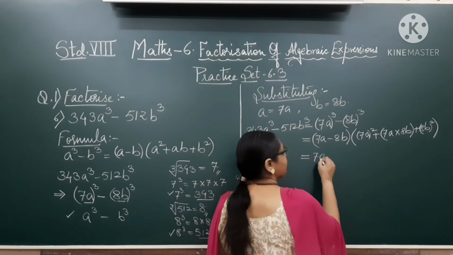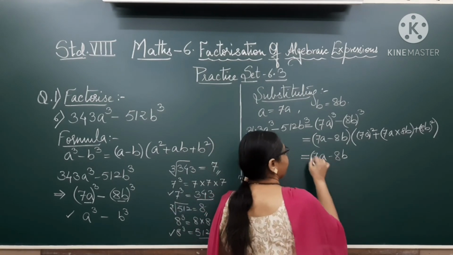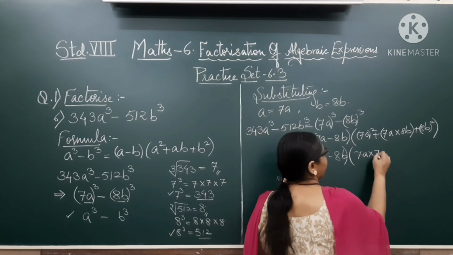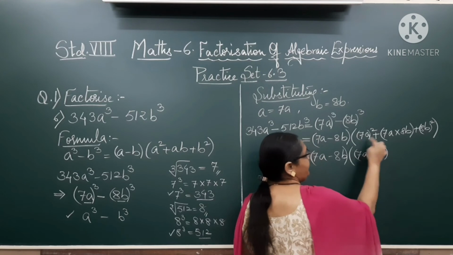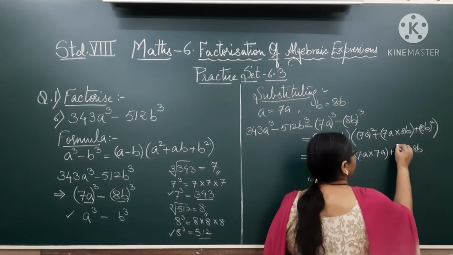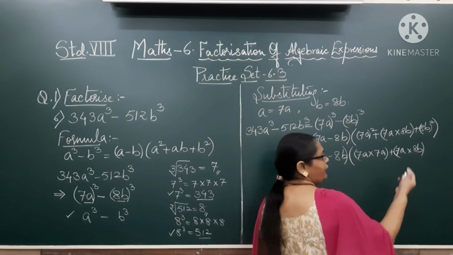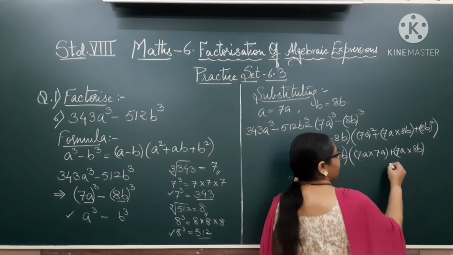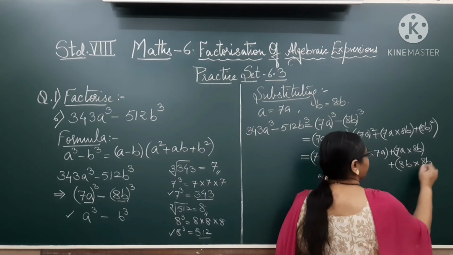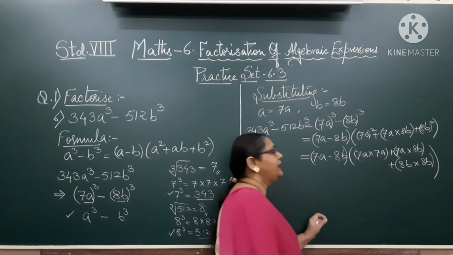So that is equal to (7a − 8b) into, here 7a into 7a, because it is 7a squared, plus 7a into 8b as it is. Now let me just write this here, plus 8b into 8b, right?